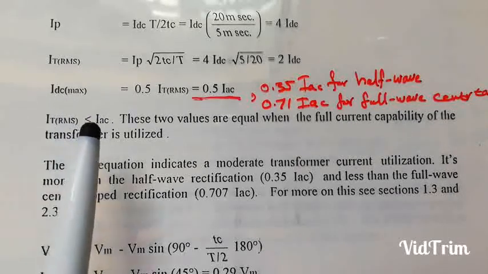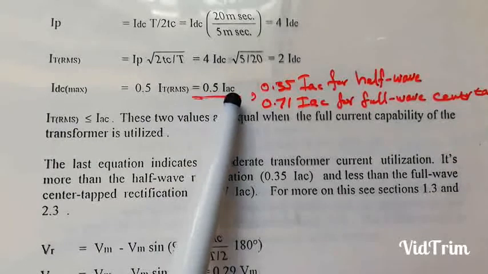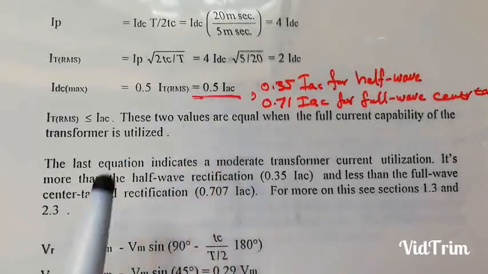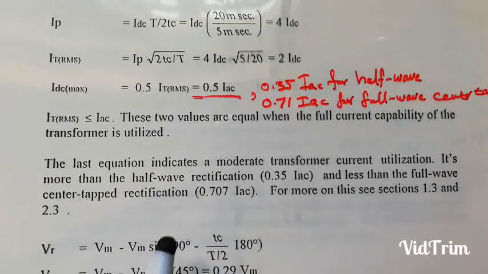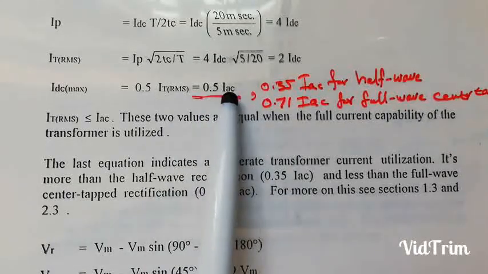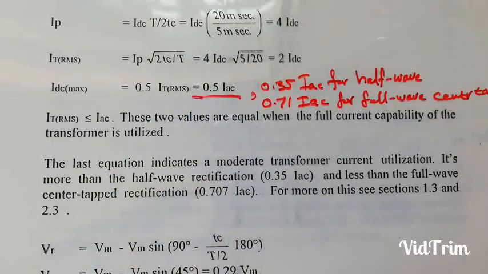The IDC max is equal to 0.5 of the IAC, or half of whatever is written on the transformer. The other half is gone because you altered the shape of the current. If you draw more current than this, you are exceeding the specs of the transformer, and that's going to fry it.